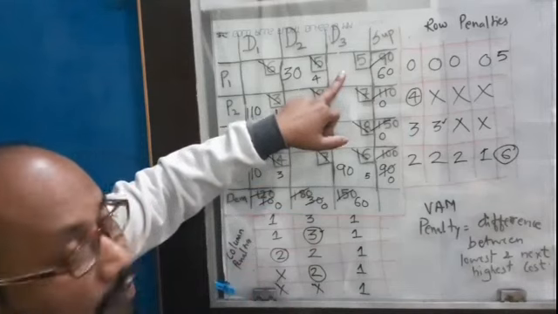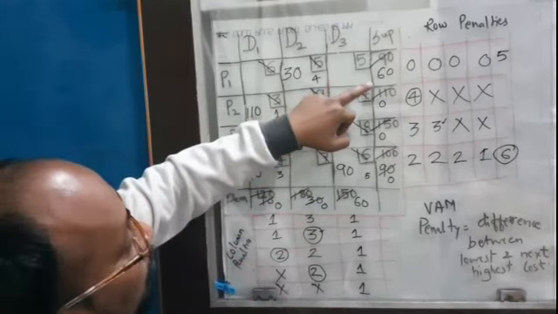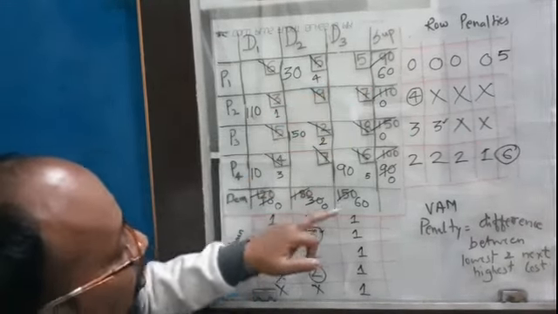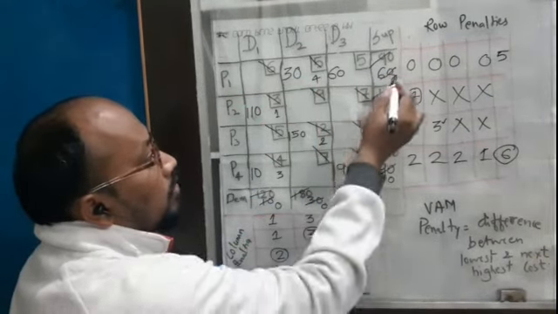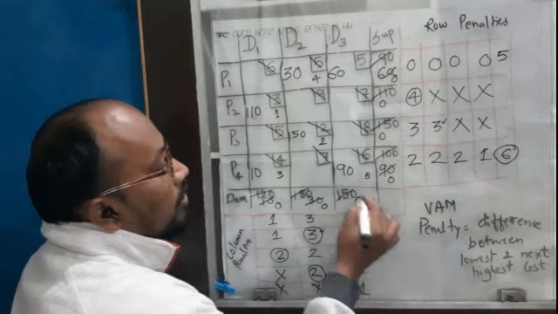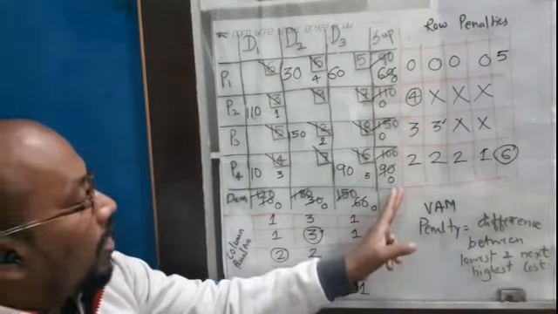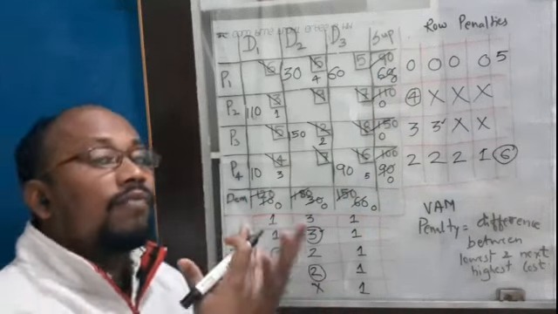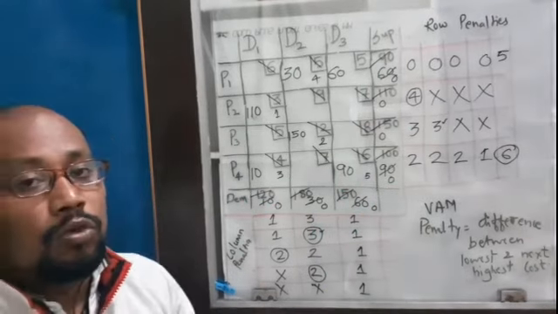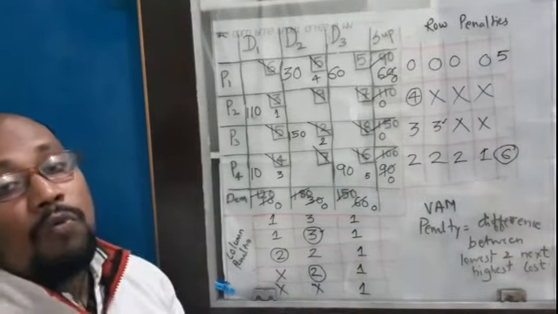The remaining is only one cell, where P1 can supply 60, D3 requires 60. So it is the same, so we will allocate 60, and this is 0. Every supply, every capacity is 0, every demand is satisfied. So here we got an initial basic feasible solution by the VAM method.